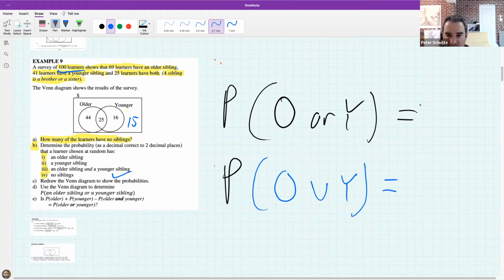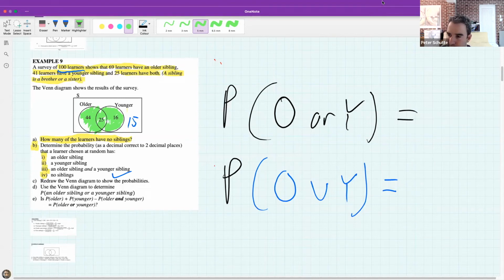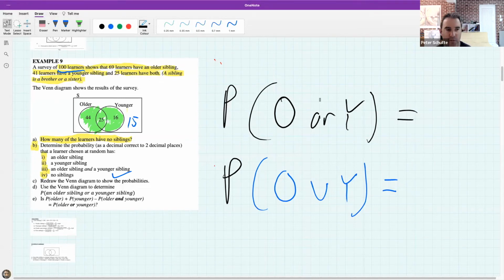Can you guys calculate the probability of someone having either an older or younger or both for me? So the smiley face basically is telling you this is the region. It could be on this side, or it could be in this circle here. We call that the union. So I'll wait for some answers now.